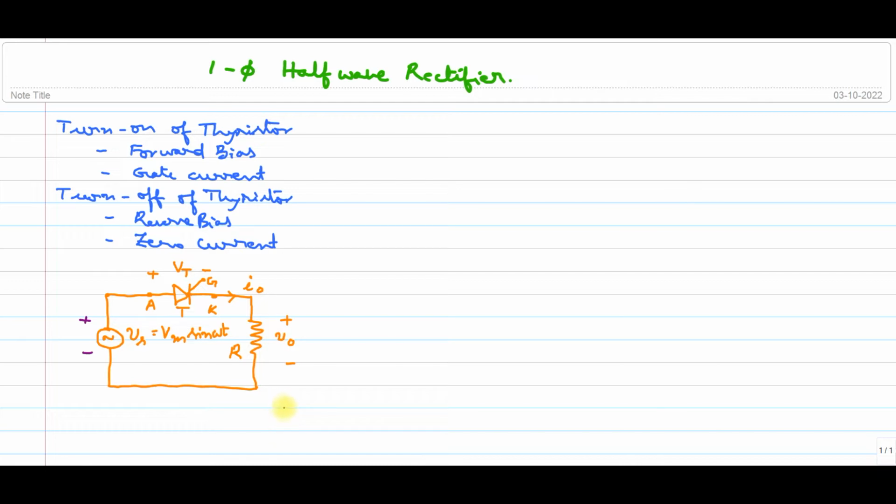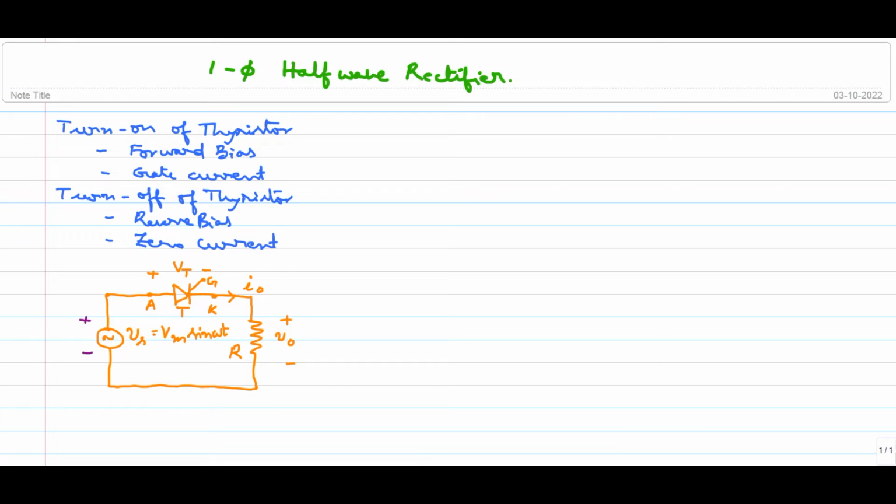Once the waveforms have been drawn, we can come back, analyze again, and finally come to a conclusion that the things are true both for the circuit diagram and for the waveform.